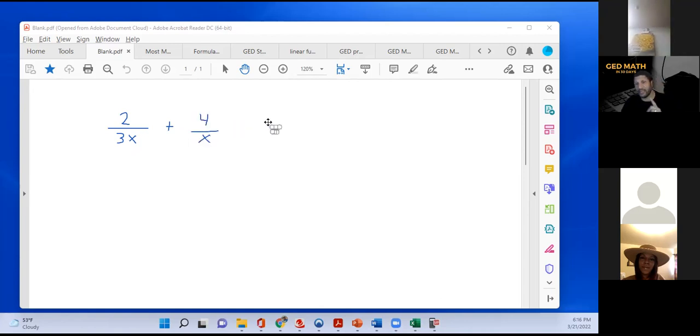The key thing to remember, in order to add what they call rational expressions, is to think of fractions. They must have a common denominator. So I would have to multiply this term by 3, because 3 times x is 3x. Same thing we did with fractions: whatever you do to the bottom, you do to the top.